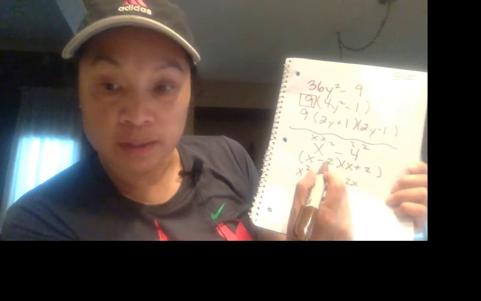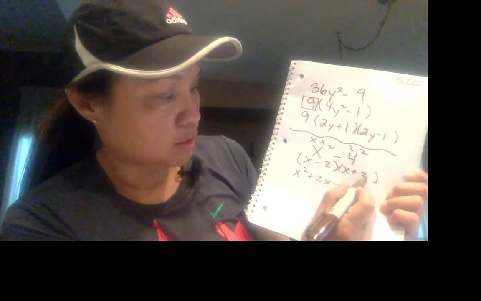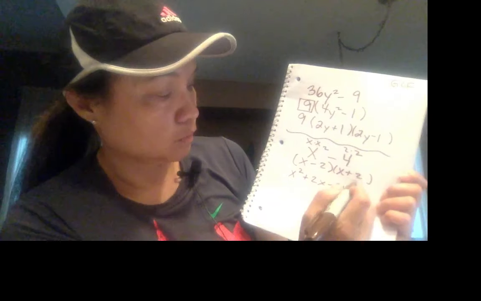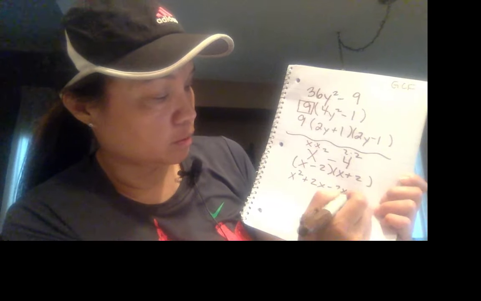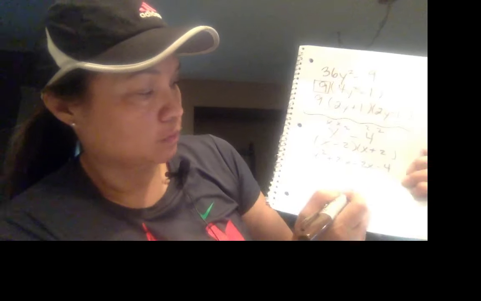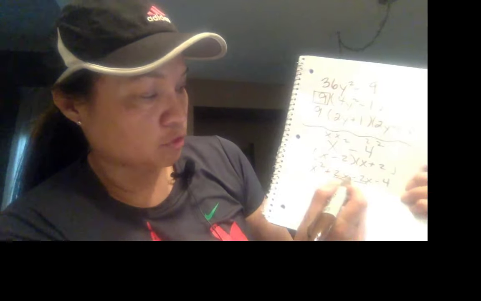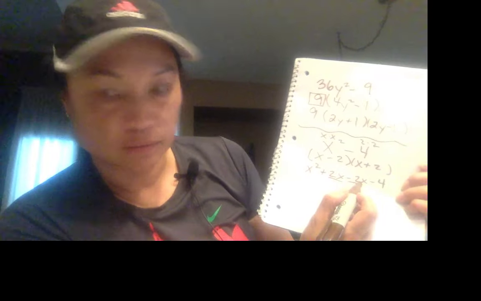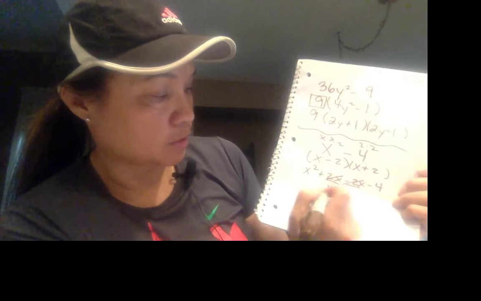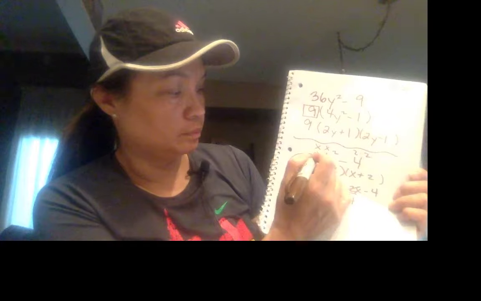And then you would do the last, which is negative 2 times 2, which is negative 4. Now you're going to collect like terms. What happens to positive 2x and negative 2x? They cancel out. Perfect. So look what my answer is: x squared minus 4. It's back to the original problem.